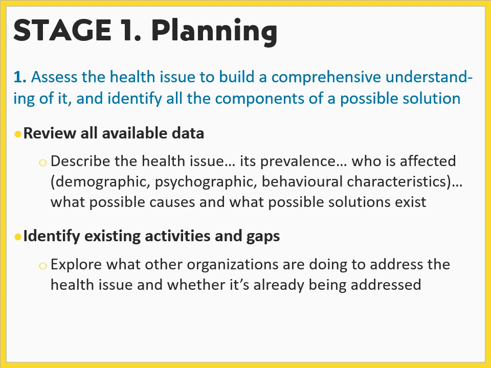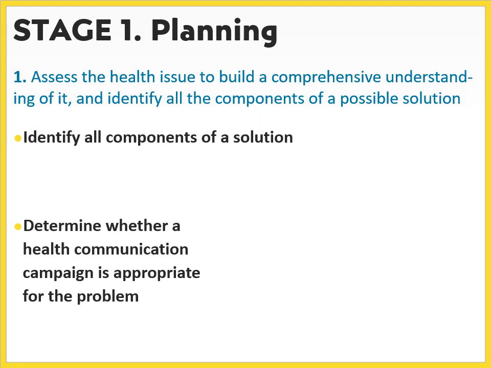Explore what other organizations are doing to address the health issue. Find out whether the health issue is already being addressed and how well. And finally, consider whether you need to gather any new data, perhaps more up-to-date indicators of the health issue, its causes, and possible solutions.